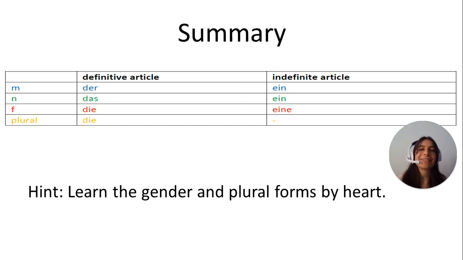There are different forms. And the genders in English, the gender is not really shown in the definitive or indefinite article. That's why in German it's a bit difficult for an English speaker, but I think it's still possible.